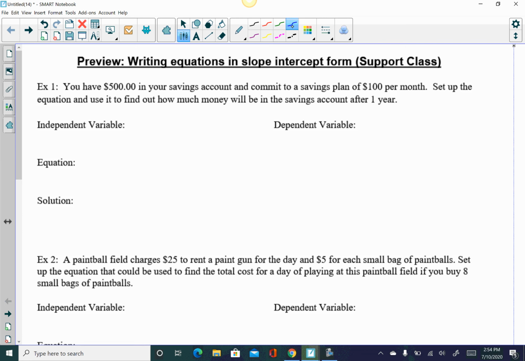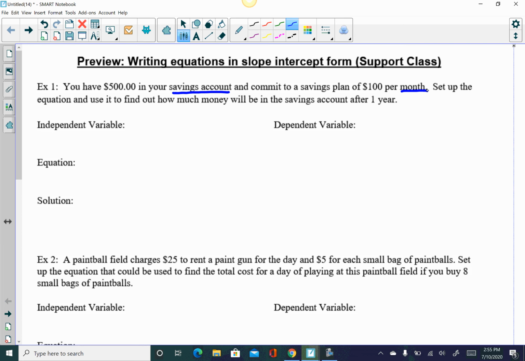So for our independent and dependent variables here, let's think about what's happening. You've got the amount of money in your savings account, and then we've also got the number of months that we're putting into that account.